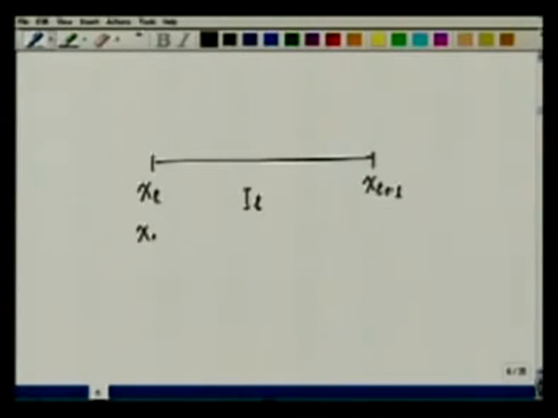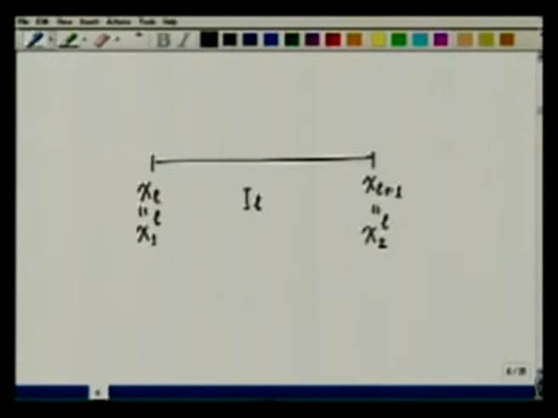I will call this node x_1 of element l, and this node x_2 of element l. So for each element, I have an x_1 and x_2 which represent the 2 extremities of the element. And x_1 for the element l will be equal to the global node x_l, and x_2 will be the global node x_{l+1}.